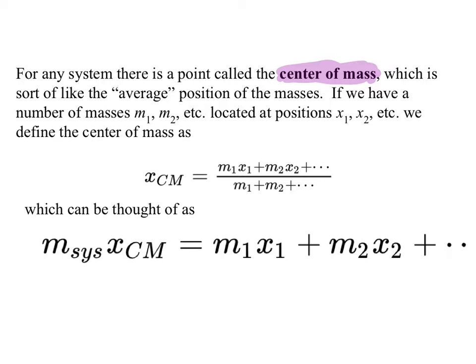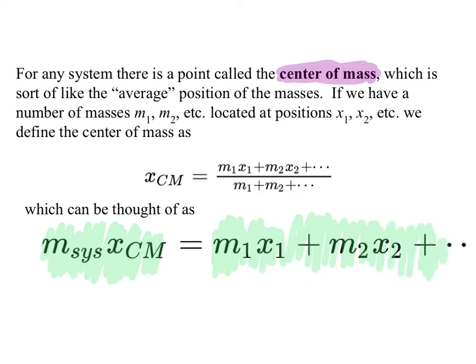I am a big fan of a slightly different format, which you'll see in the bottom down here, which is that the mass of the system times its center of mass position is just the sum of each mass times its position. So we just keep adding these things up.